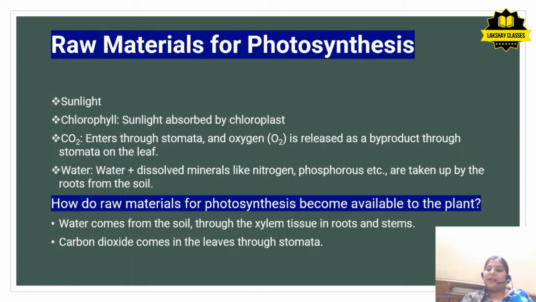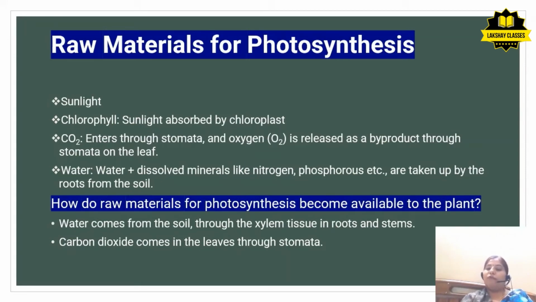And sunlight is absorbed by the chlorophyll, which is present in the chloroplast. Chloroplast is a cell organelle which is green in color, and this green color is due to the presence of chlorophyll in the leaf.